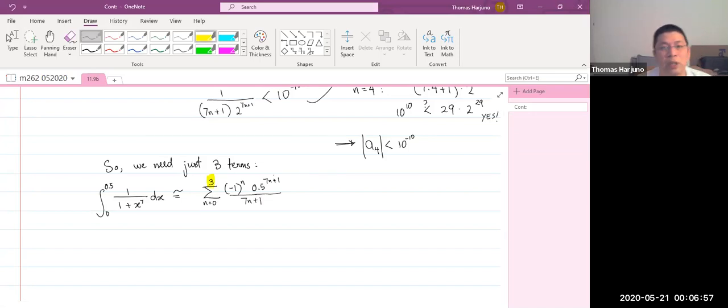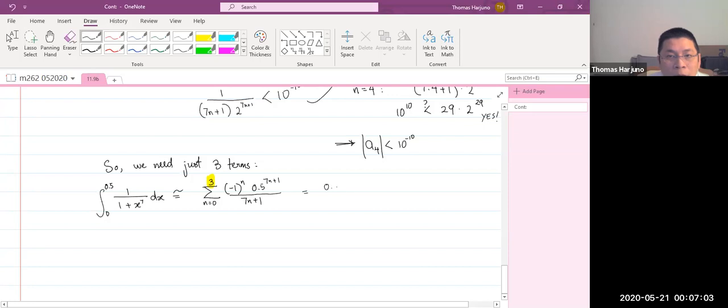Which is equal to, when n equals 0, that's 0.5 over 1, plus, when n equals 1, it becomes minus 0.5 to the 8 over 8.